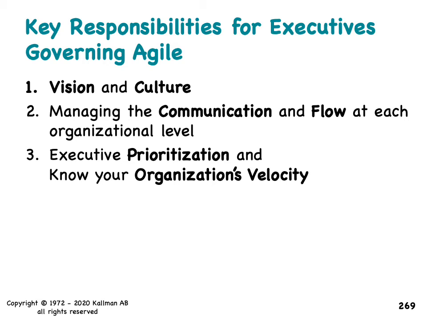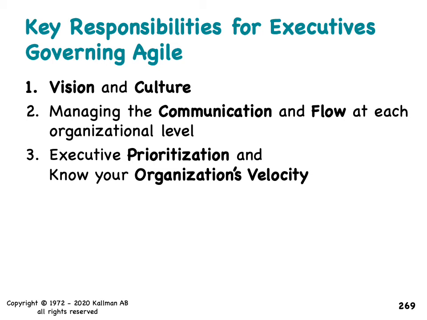So for this, basically, it's vision and culture, communicating the flow at every level, and then prioritizing the work for the entire company, as well as understanding and knowing your organization's velocity. However you're tracking the entire workload that you're doing, it really comes down to balancing supply and demand.